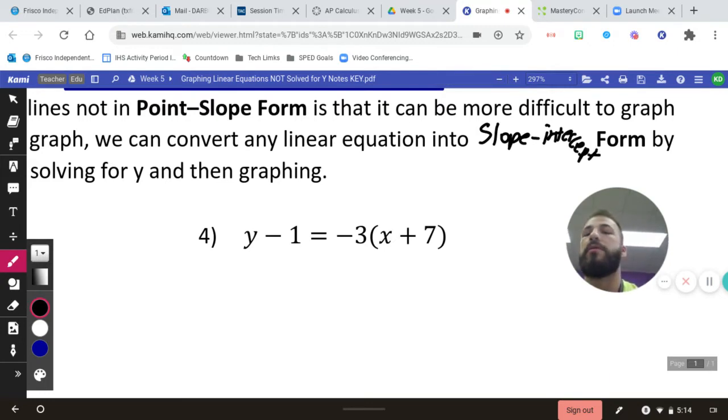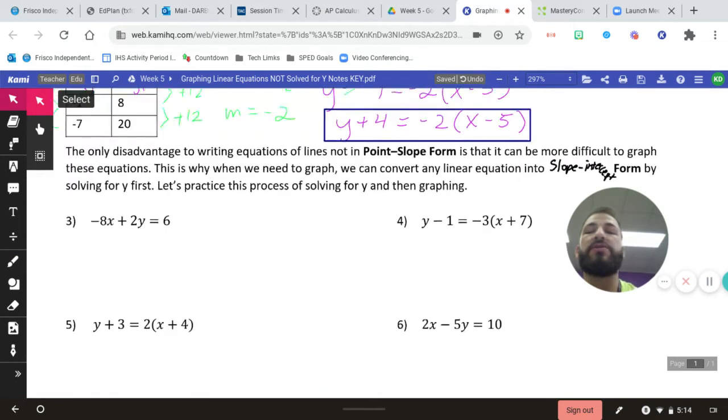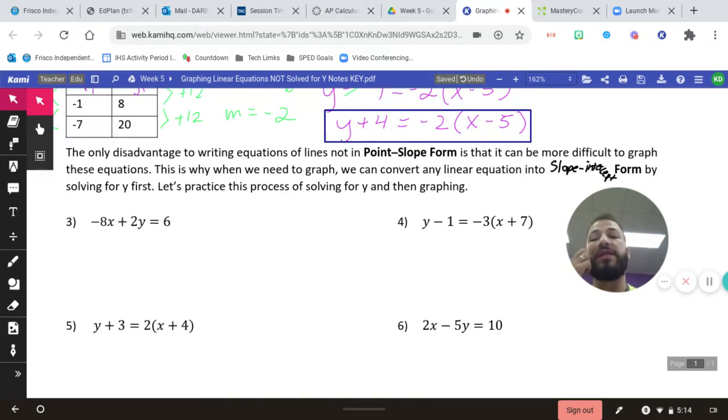There we go. So we can get any equation into slope intercept form by solving for y first. Let's practice this process of solving for y and then graphing.